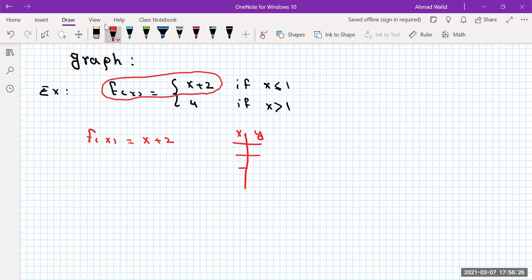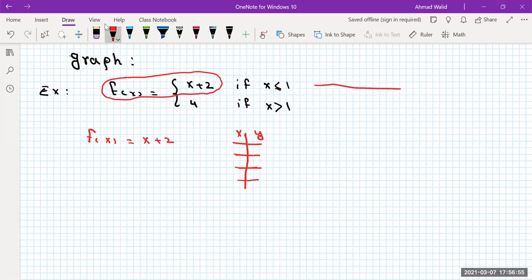Remember, in chapter 1, when you are graphing a linear function or any function using a table, you are free to choose your input. I even called it independent values. But when you are dealing with piecewise, you are not that free anymore because you have a restriction in your domain. What is the restriction here?